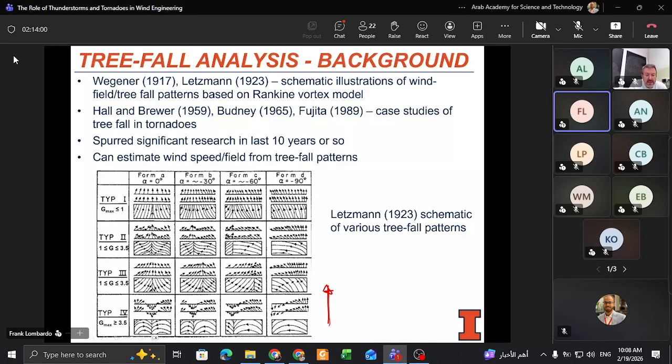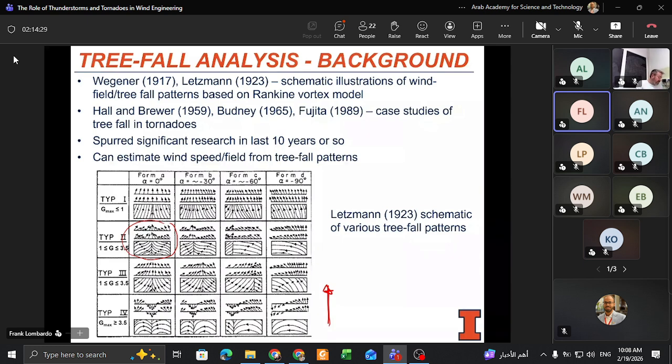What you can see is that the pattern changes based on this alpha value, which is the inflow angle, and this G max, which is the ratio of rotation to translation. For example, when G max is from 1 to 3.5, the fall direction is in the same direction as translation.